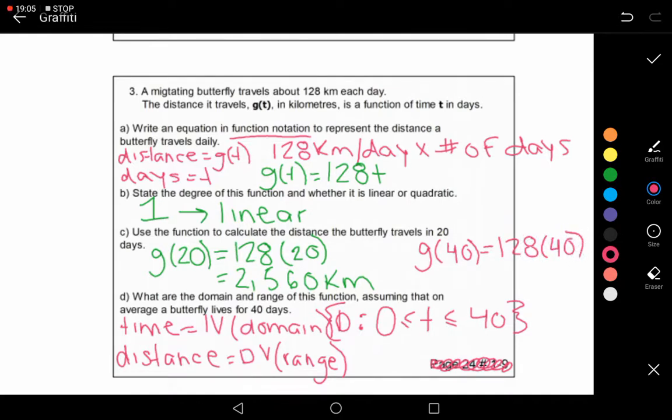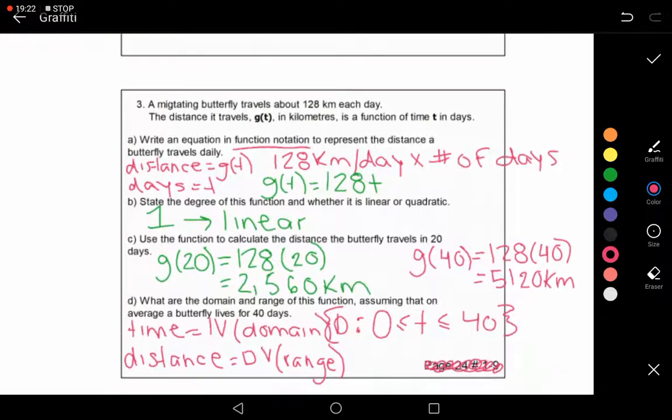Okay, so 128 times 40, and that will give us 5,120 kilometers.